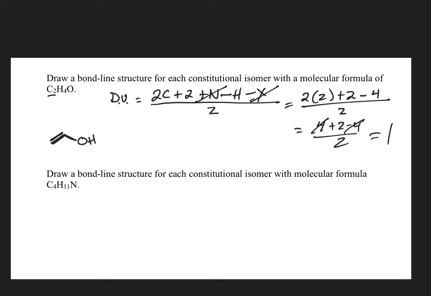So we have a double bond between the two carbons there. We could also have a double bond to the oxygen. And now I'm going to draw the hydrogen in. We do that with this functional group. It's called an aldehyde, and we draw the hydrogens in for aldehydes just because it looks better.